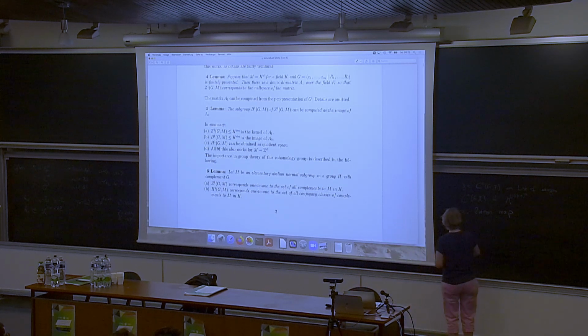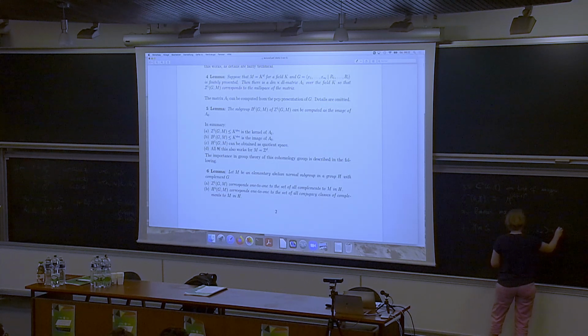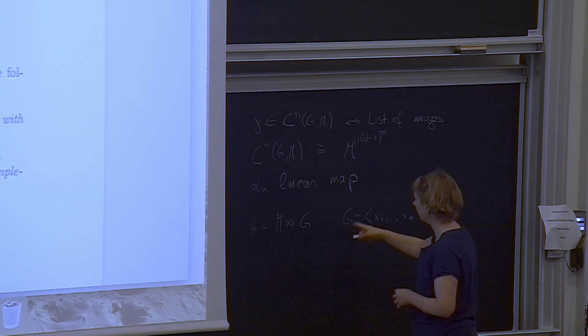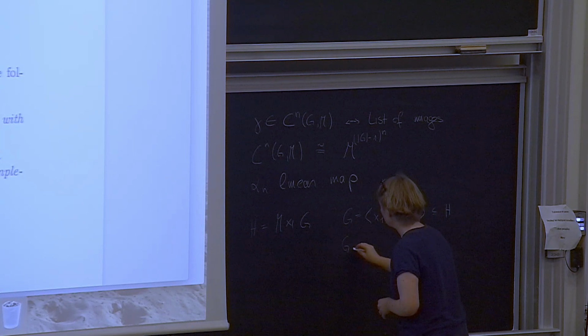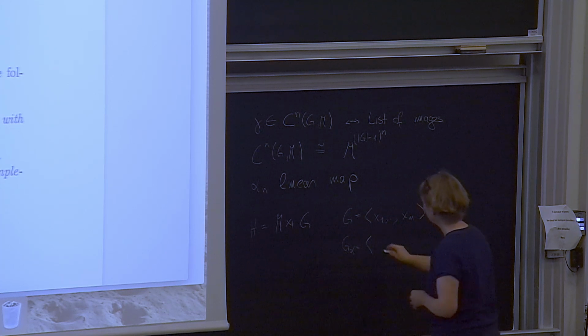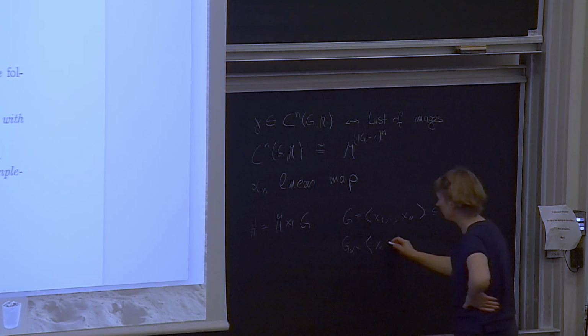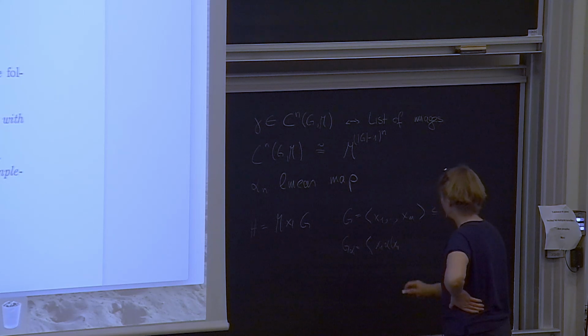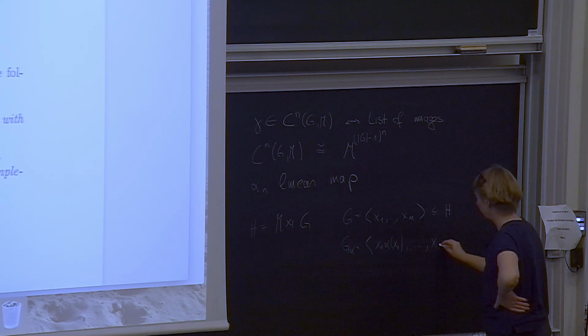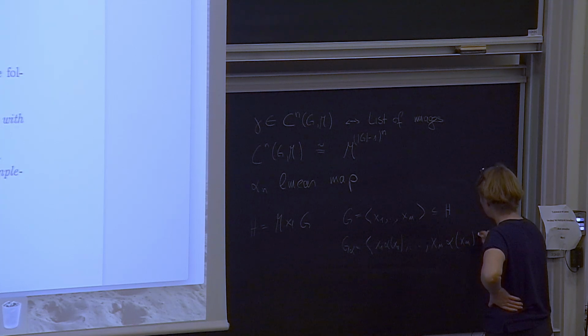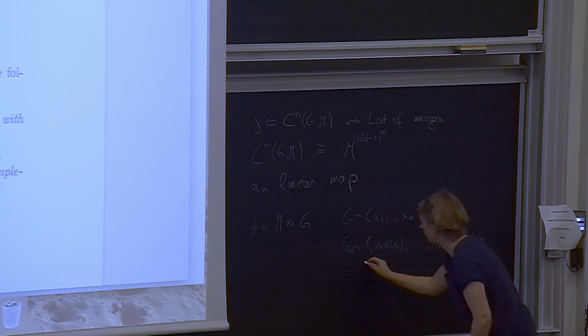So you have your group H, that's a split extension of M by G. And G is given, say, by generators x1 up to xm in H. Now write down complements, say G alpha, as taking the generators and adding on the images under the cocycle alpha, like this, x_m times alpha of x_m, for each alpha.